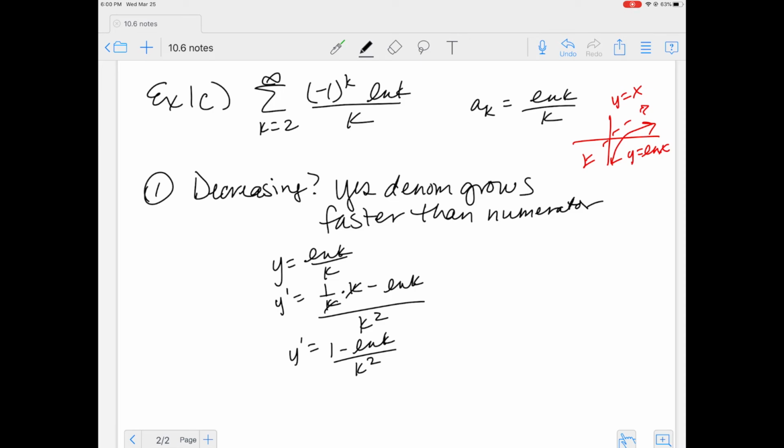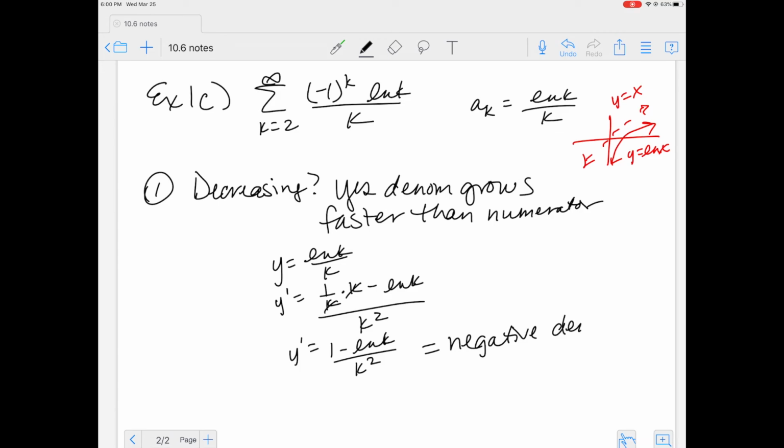Looking at this 1, the natural log of k is obviously getting bigger and bigger than 1. So my numerator here is going to be negative as k is greater than 1, or 2, honestly, because my starting value here is 2. So that's another tip-off that this is going to be negative.